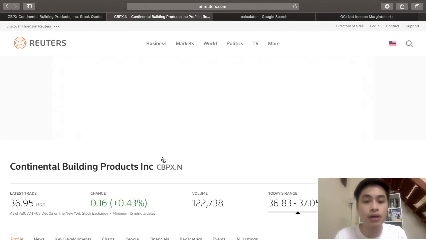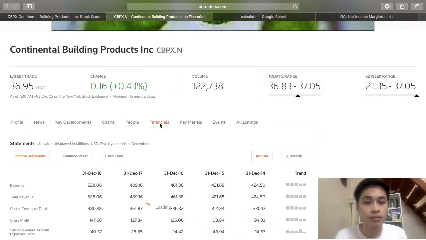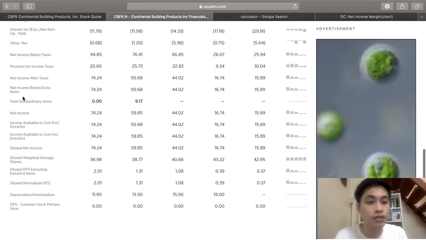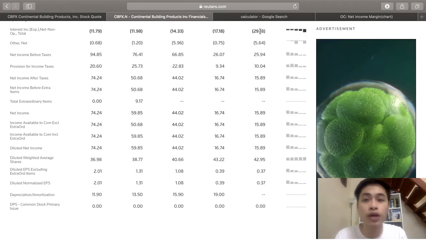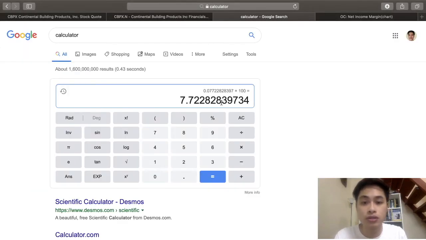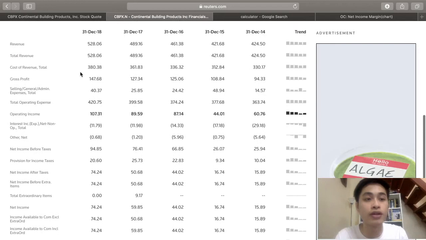So let's calculate the net profit margin of the company. Okay, so the net income for Continental Building Products is 74.24. So 74.24 divided by the sales revenue or the total revenue of the company.